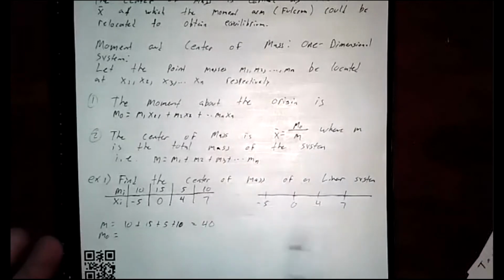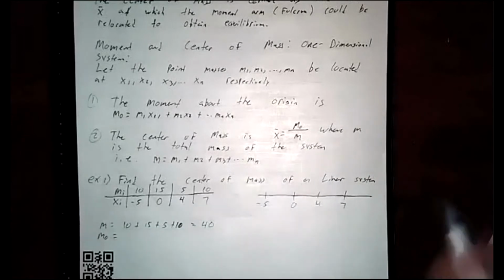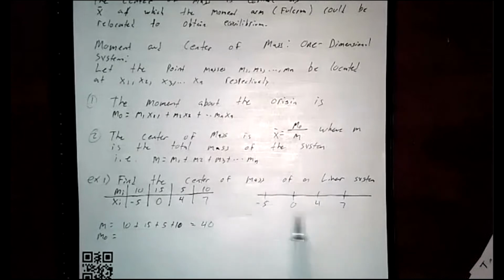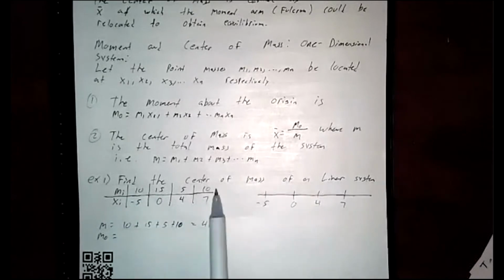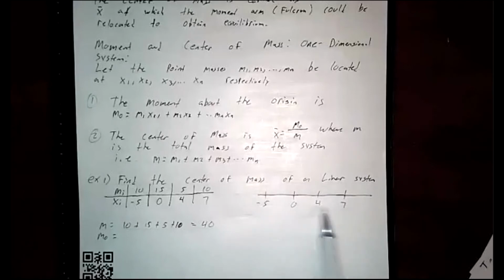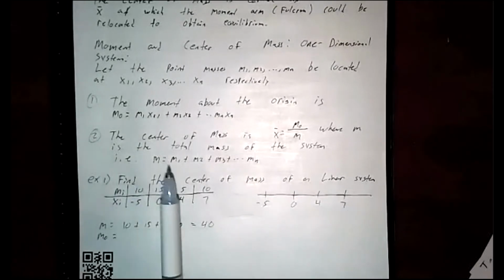These are all the x values. So we want to find a specific point that will balance all this, because each of these points has a different mass assigned to it. If I were to balance this one-dimensional thing on my pen here, where is that specific point? That's what we got to calculate. That's what x bar represents.